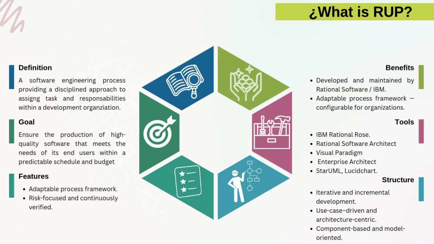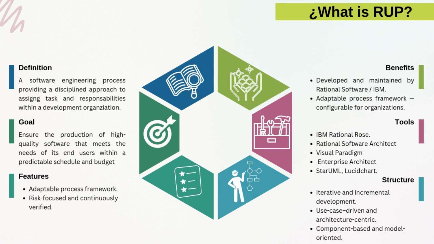The goal is to ensure the production of high-quality software that meets the needs of the end users within a predictable schedule and budget. Some of the benefits are adaptability and maintainability. Some of the tools that you can use are IBM Rational Rose, StarUML, or Lucidchart.